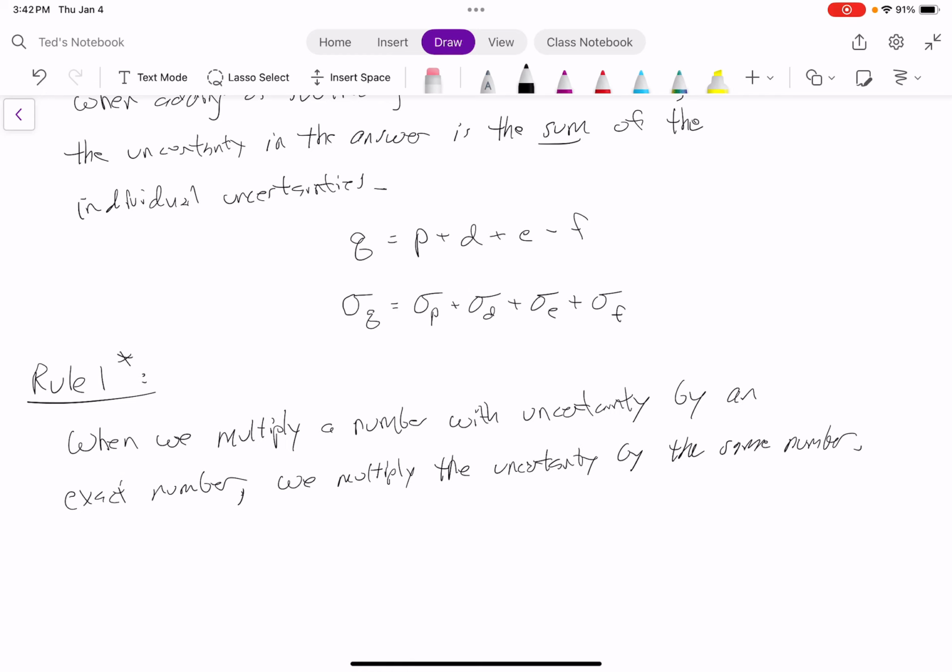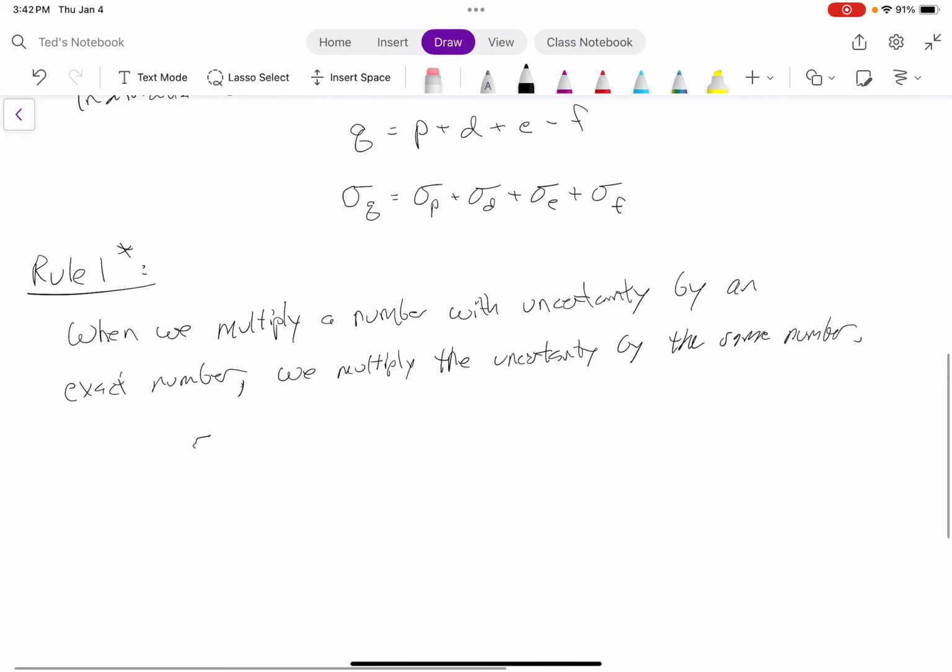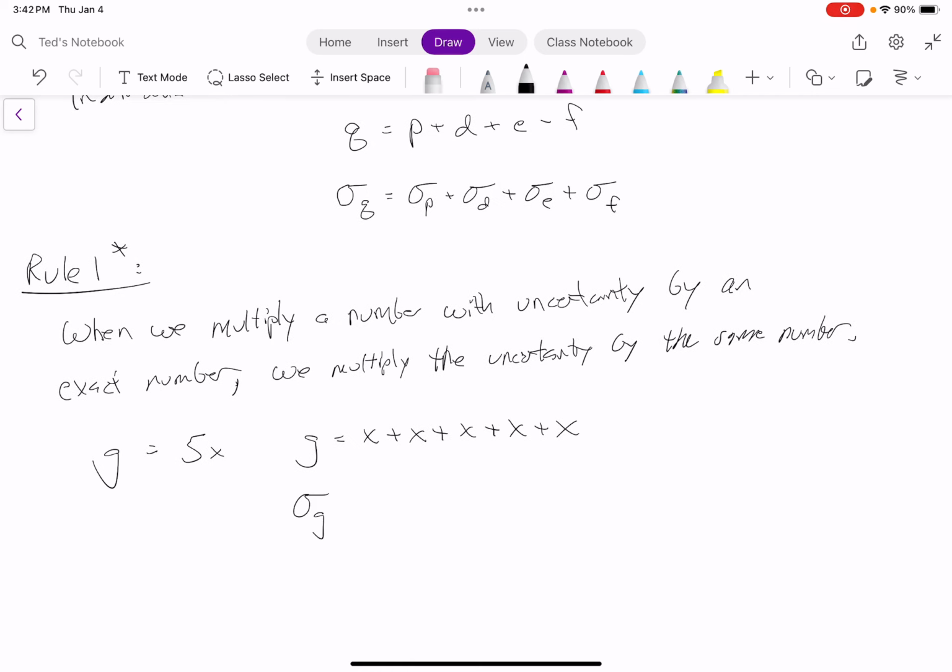And let me show you how that works. If I have g equal to 5x, that means that g is equal to x plus x plus x plus x plus x. 1, 2, 3, 4, 5. So the uncertainty in g is equal to the uncertainty in x plus the uncertainty in x plus the uncertainty in x plus the uncertainty in x plus the uncertainty in x.